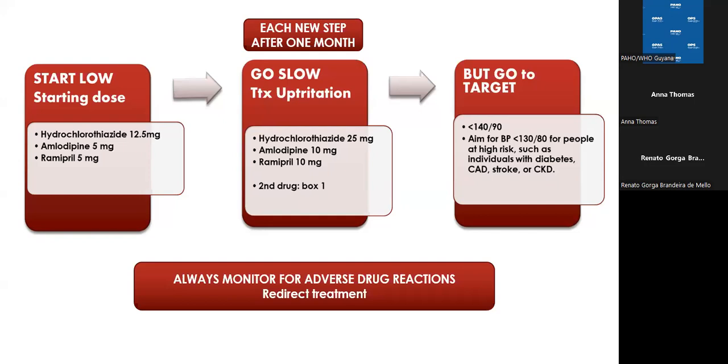Redirect treatment always when needed. If a patient experiences a side effect, you can lower the dose or change for one of the first line indicated treatments, which are represented here.